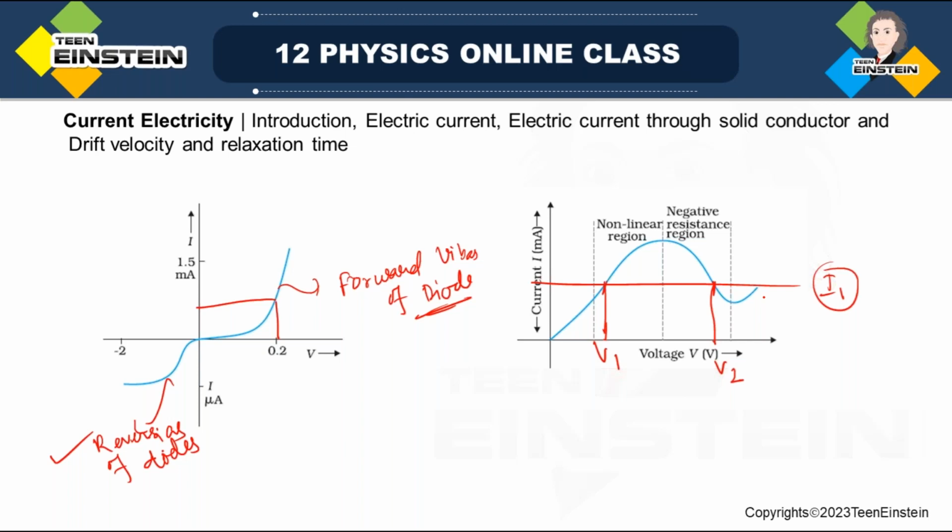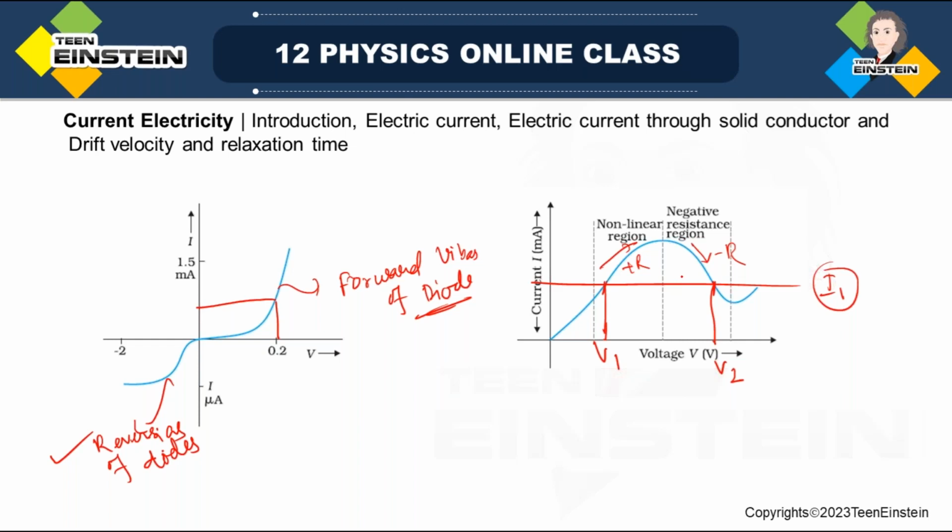The devices where Ohm's law is not valid are called non-linear devices, like diode, triode, transistors, etc. In this case, see, this is a non-linear region. This side is also a non-linear region, and on this side the slope is positive, on this side negative. So somewhere positive resistance, somewhere negative resistance, which is not possible.